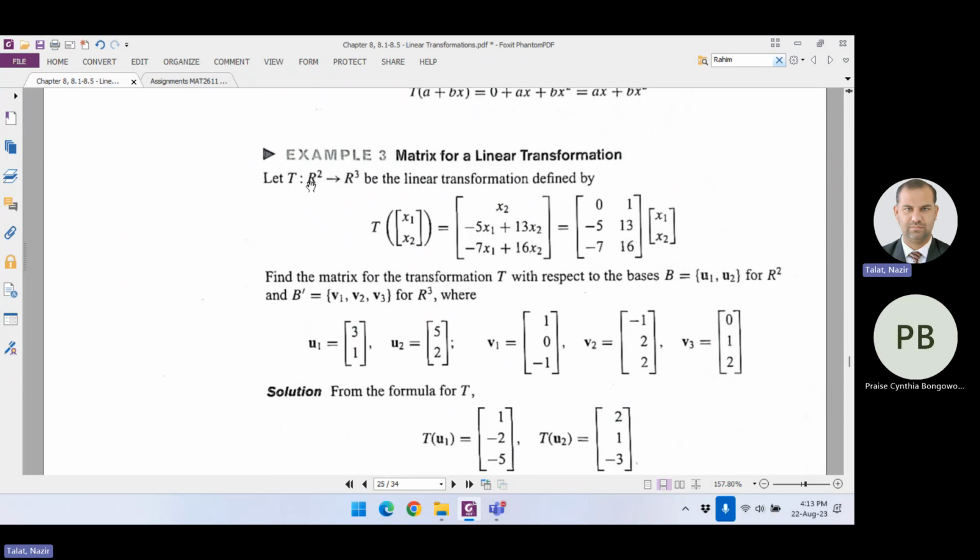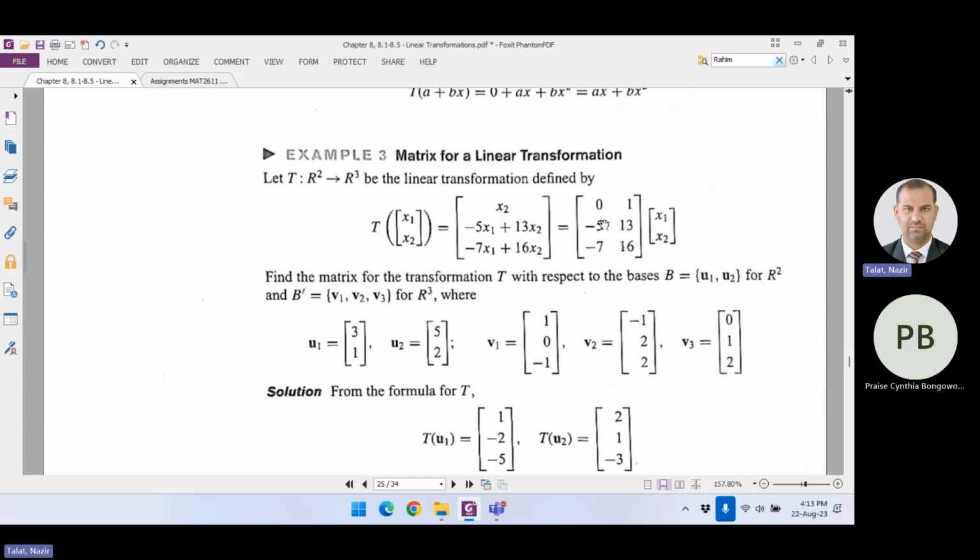So in the next example, you can see that T is a linear transformation, a map from R2 to R3, which is in that form. And we know that behind a linear transformation there is a standard matrix. So we can take the elements in that way: this is the element (x1, x2) from R squared.